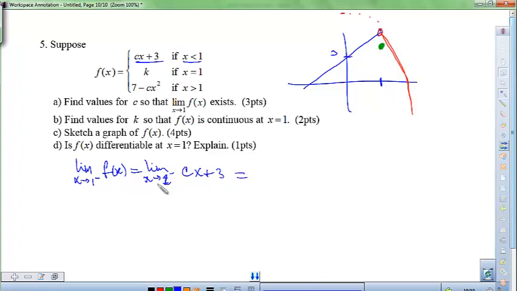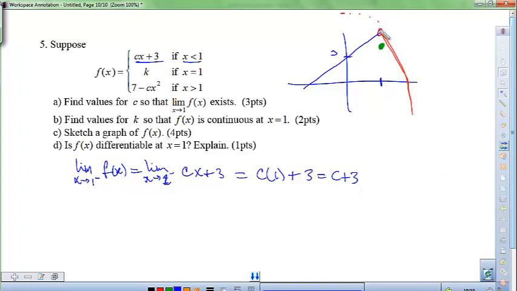And if you don't have any issues with fractions or anything that would give you a 0 over 0, all you're doing is really just plugging 1 in. So put 1 in for x, and then you get c plus 3.